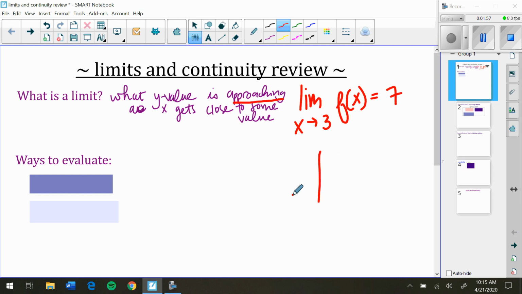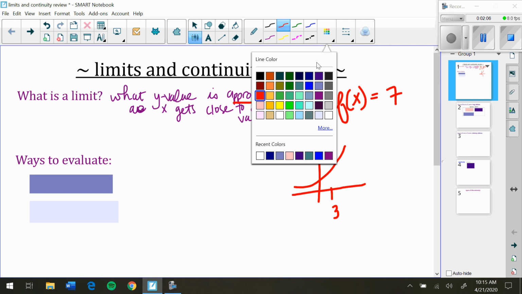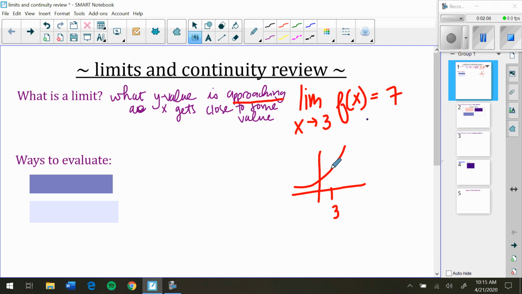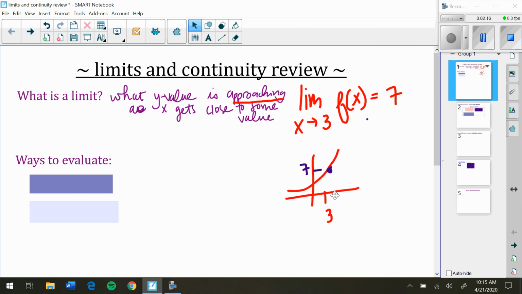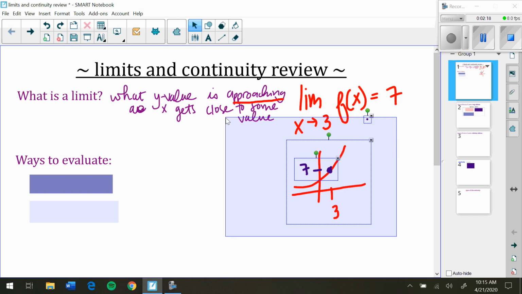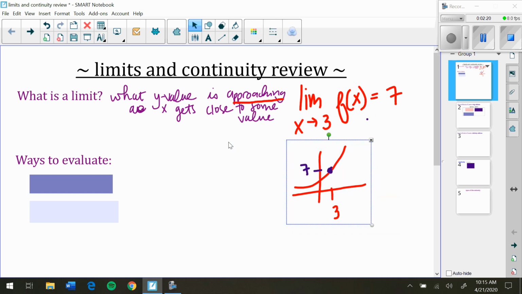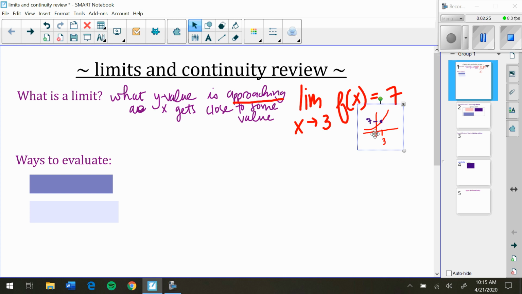That would be something that looks like this, where this is x equals 3, and that would be 7. This is not a very interesting function, but an example nonetheless.